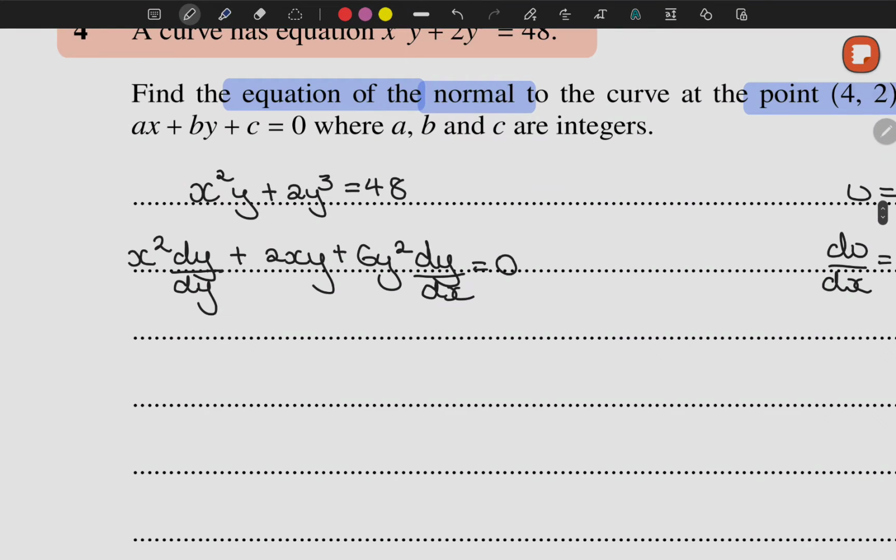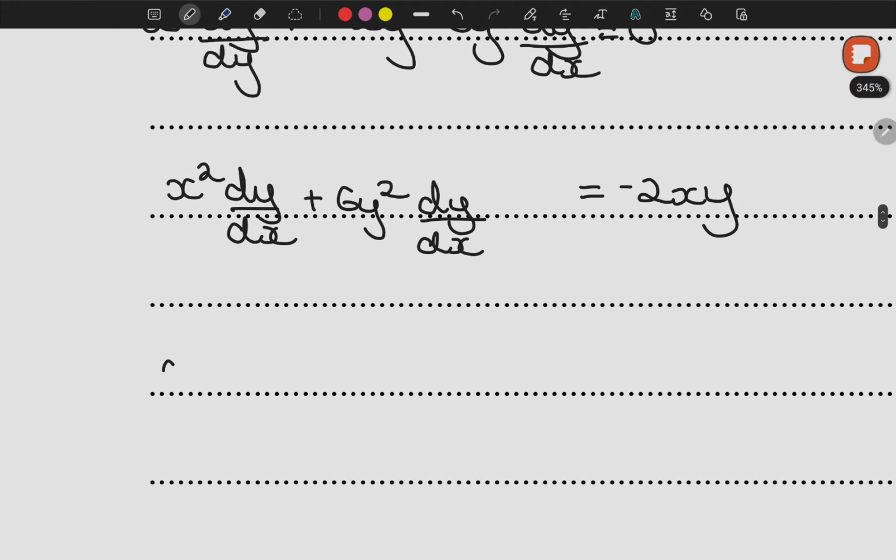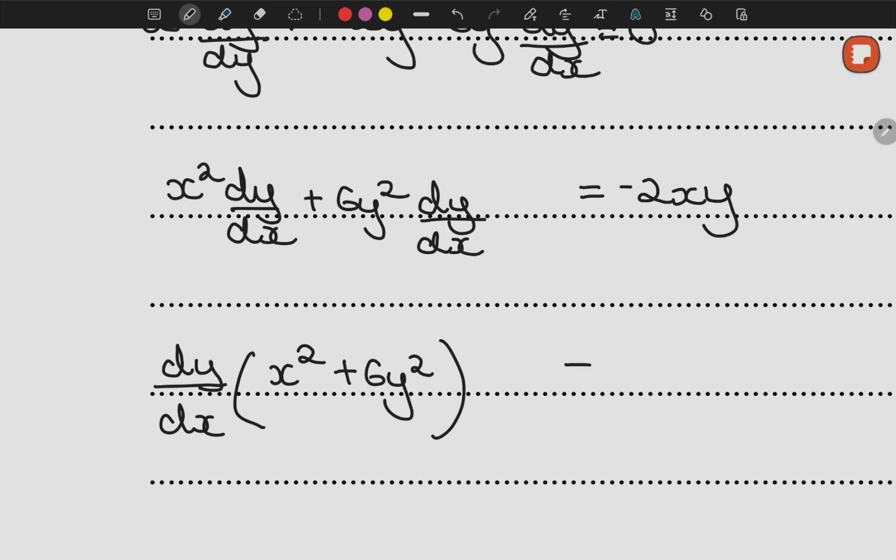Now my next goal is to get dy dx by itself. So x squared dy dx plus 6y squared dy dx is equal to negative 2xy. dy dx is common on the left hand side, so we can factor it out: dy dx as a common factor, then x squared plus 6y squared is equal to negative 2xy.